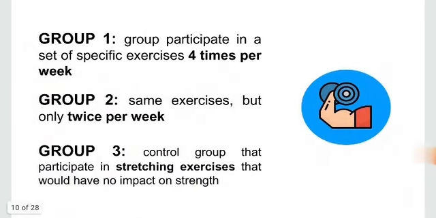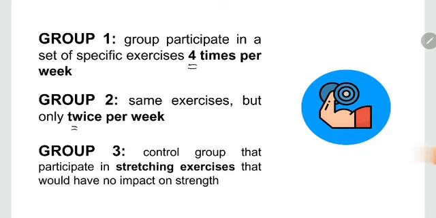So ang ginawa niya, meron siyang mga volunteers o mga respondents, mga participants in his study. So kinrupo niya, no? So group 1, ito yung mga tao na mag-exercise 4 times a week. Group 2, these are people who will exercise twice a week.